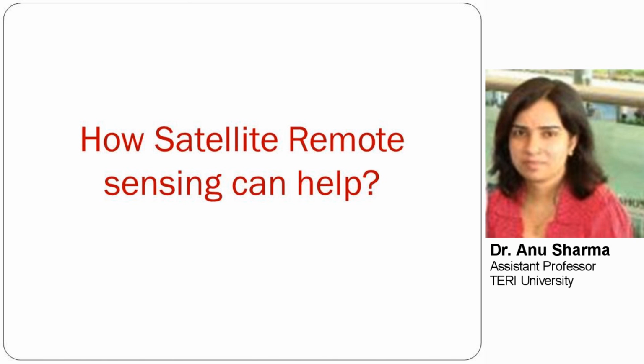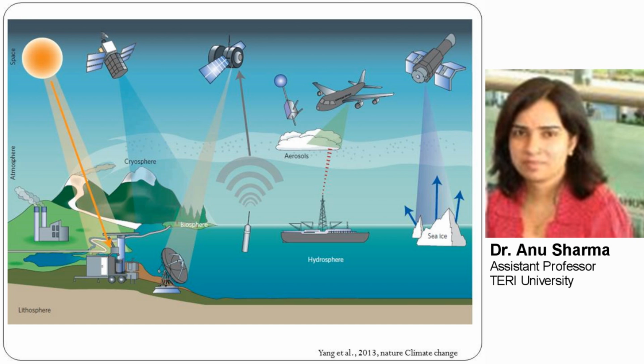Okay, then you would ask me the next question: what are the systems that I can monitor with the help of remote sensing? This figure makes it very clear, and it has been taken from a beautiful paper published in Nature Climate Change by Young et al., who very nicely compiled all the information on how satellite remote sensing can help us in monitoring climate change.